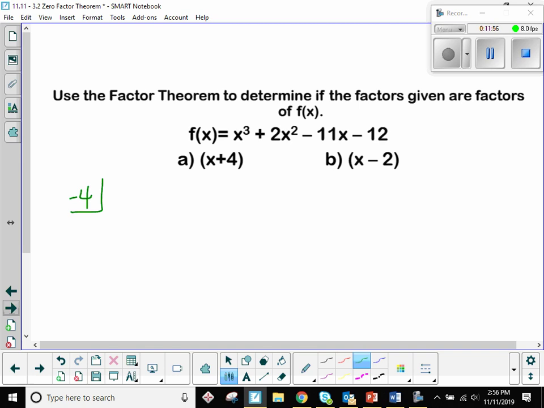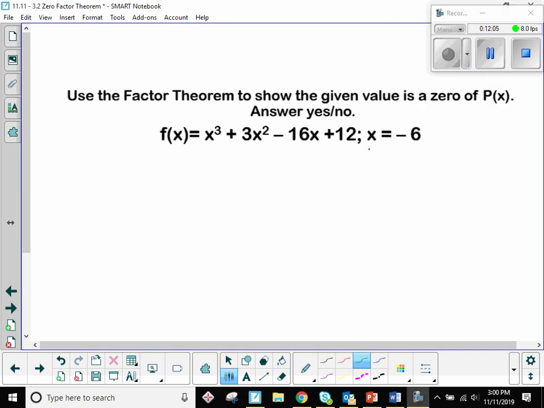What's going to go in your box for B? +2. All right. Go ahead and do that for a few moments. So x equals -6 is a 0, or a root. It comes from the factored form x plus 6, right? And we're going to talk more later about going between those two forms.